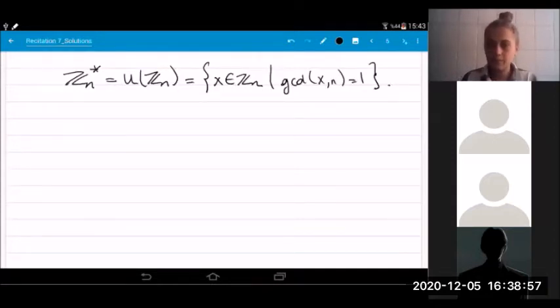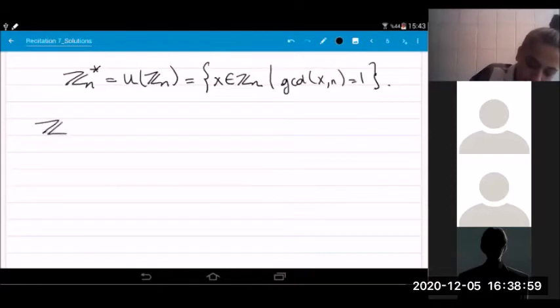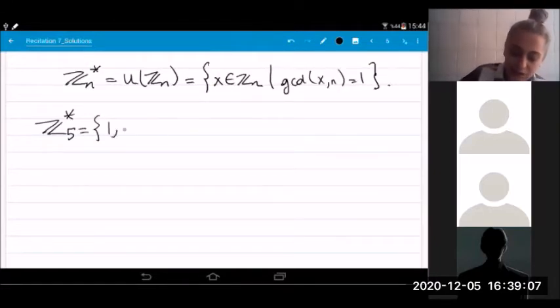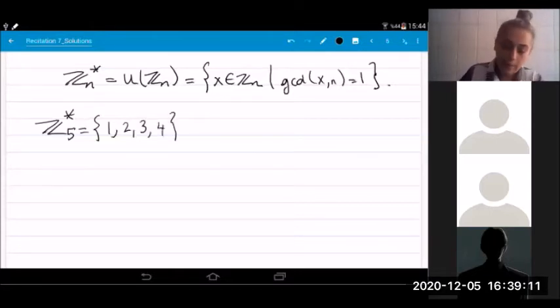For example, if you consider Z5, since 5 is prime, in this set we have 1, 2, 3, 4 only, and this is actually isomorphic to Z4.